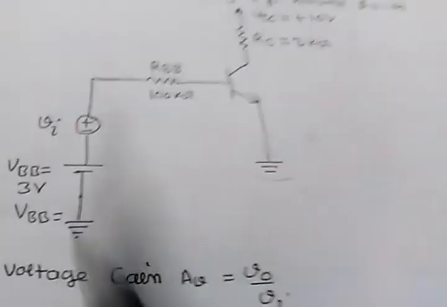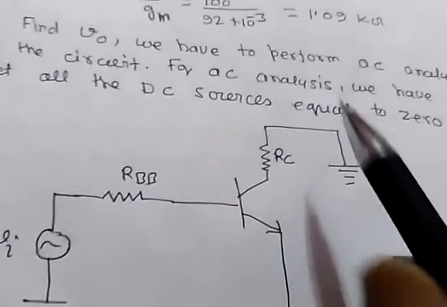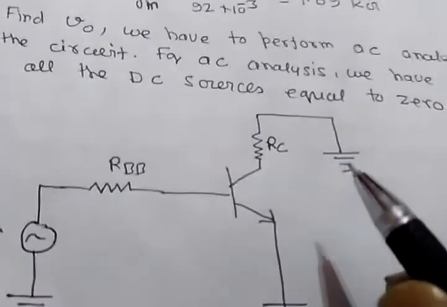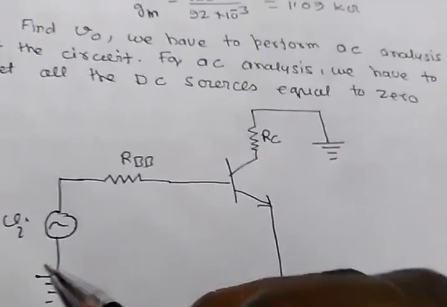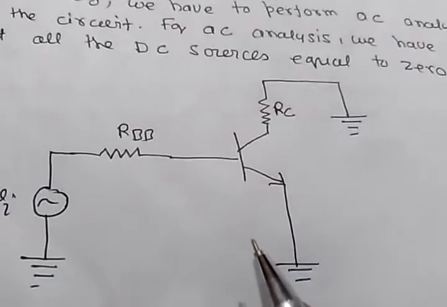So this circuit can be replaced by its AC equivalent circuit like this. In this circuit, VCC is connected to the ground and VBB is shorted. So this is the AC equivalent circuit of the given problem.